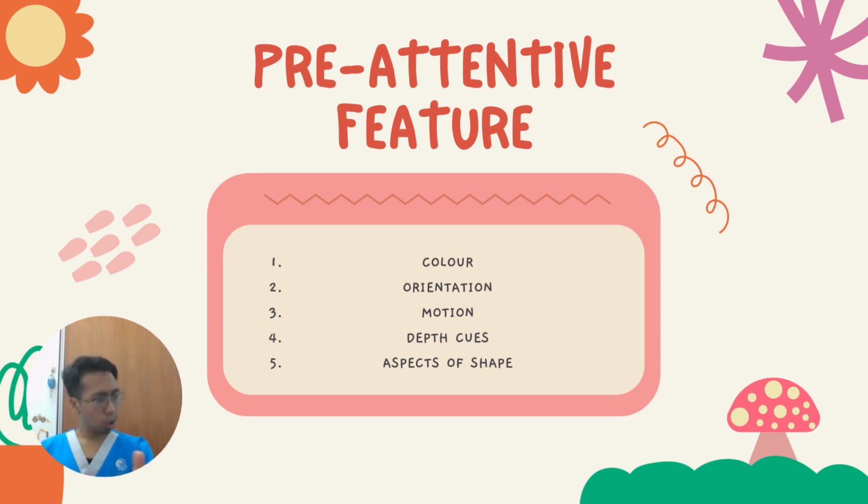Depth cues macam tengok dalam tak untuk masuk dalam ni ataupun tak. Can we estimate how deep we can put this shape into the basket? Because if you cannot understand, if you don't get the depth cues, it causes some impact to your visual attention lah.